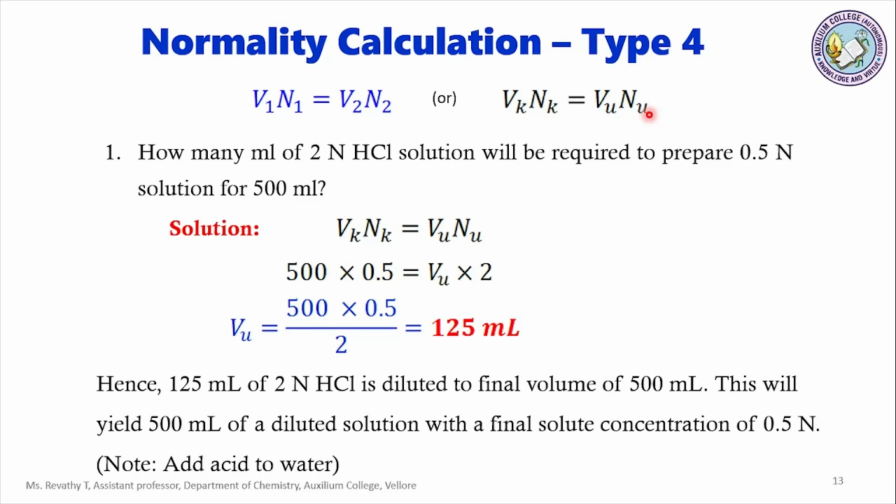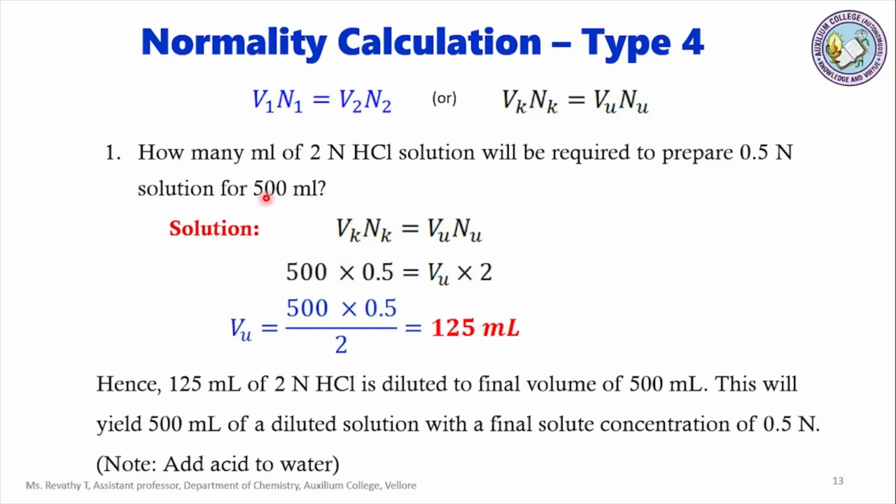We can see the concentration of solute is greater than the concentration of solution to be prepared. So we can use the above formula to solve, which is VKNK is equal to VUNU. As I've already told, VKNK is for the solution to be prepared, VUNU is for the solute.